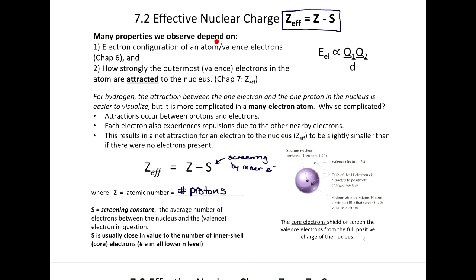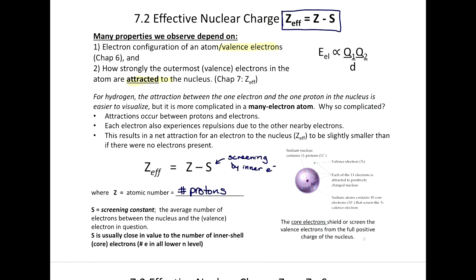So many of the properties we observe depend on two things: the electron configuration of your atom, so the number of valence electrons, that's chapter 6, but also how strongly attracted those electrons are to your nucleus. So this is effective nuclear charge. If we think of ourselves as an electron, electrons are attracted to a nucleus, which is positively charged.